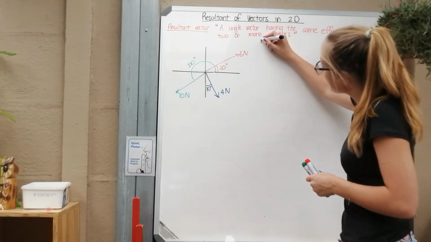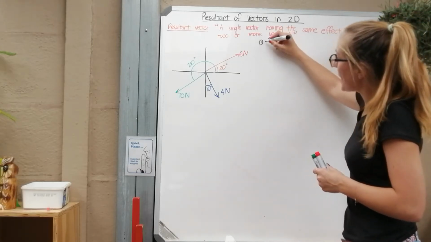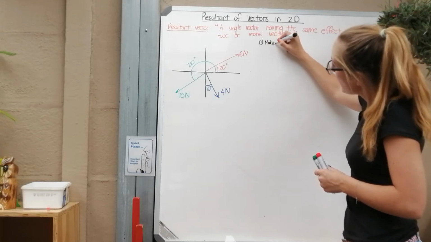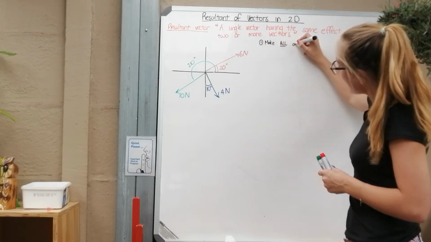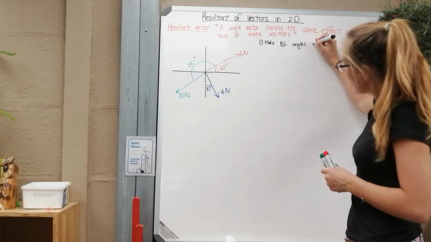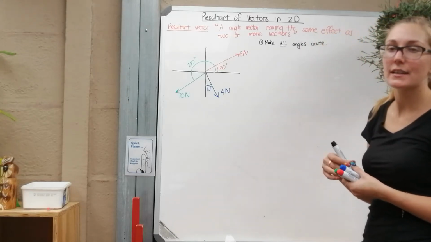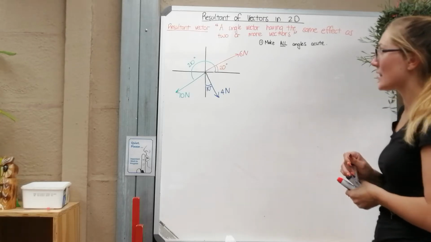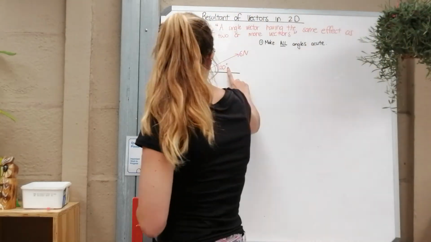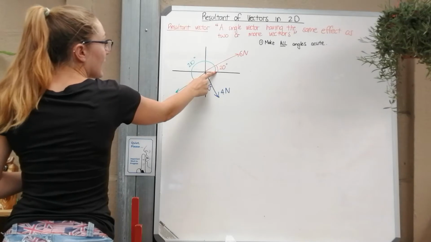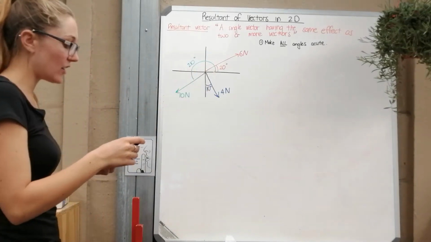Okay, so step 1, you need to make all angles acute. Okay, so we don't deal with obtuse or reflex angles here. I want only acute angles. So if we look, 20 degrees, that's fine. 10 degrees, that's fine. This 210 degrees, however, is not fine.